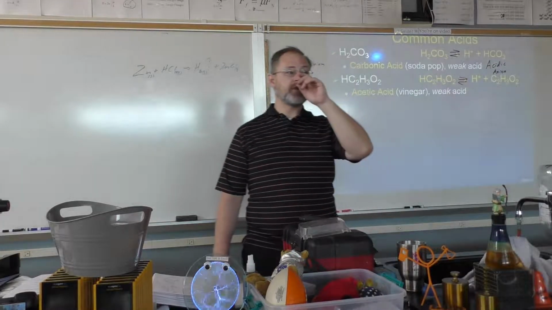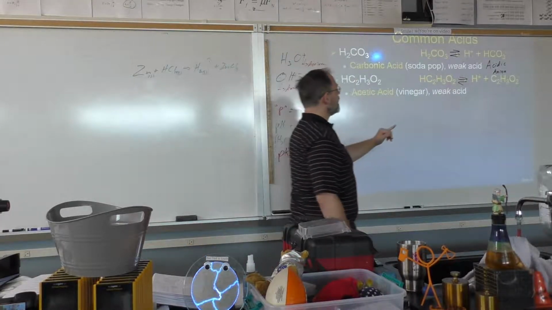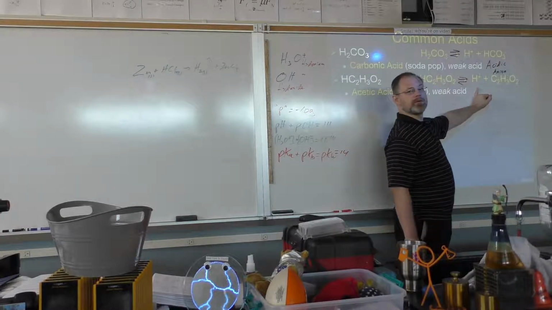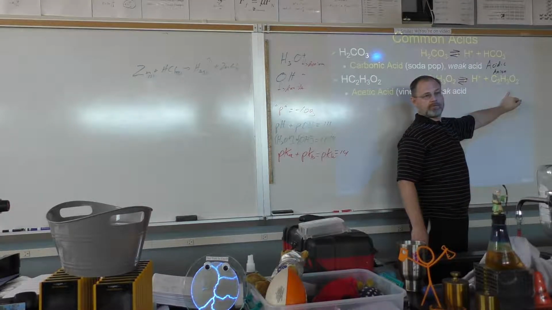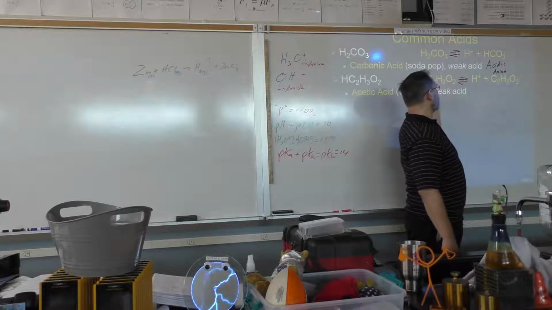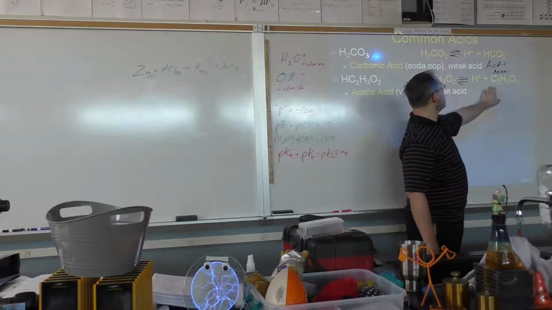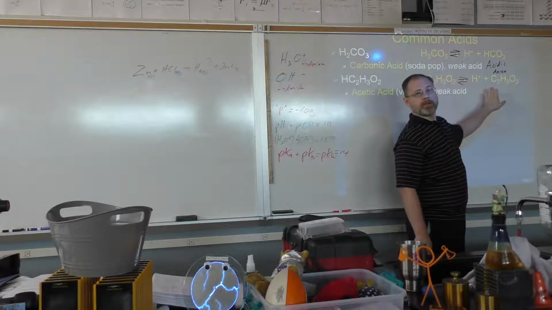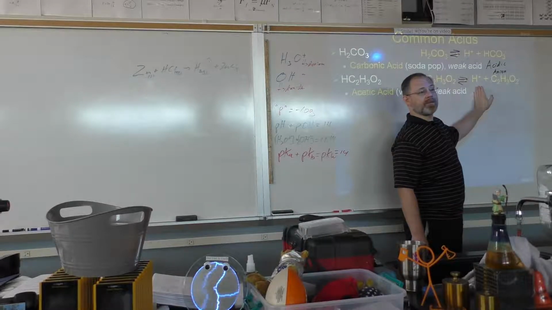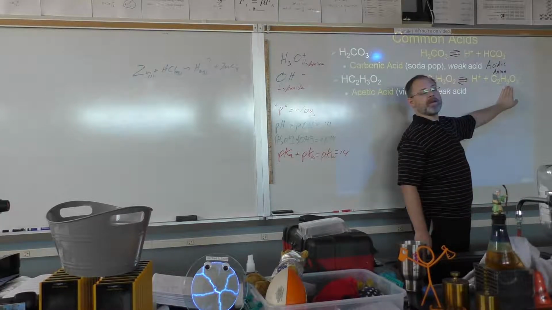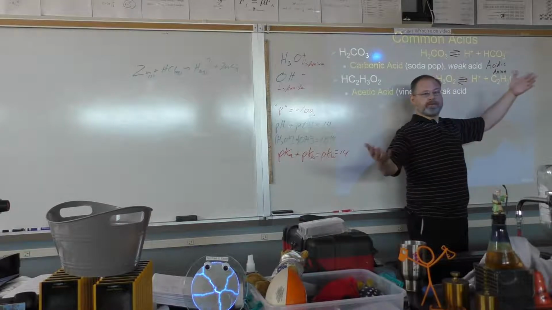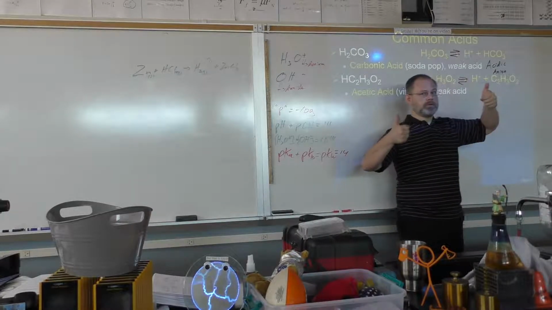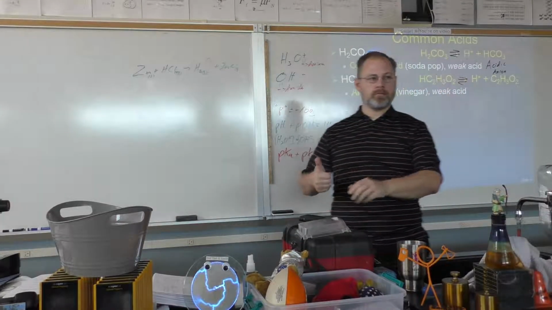Now, stoichiometry does play a role in that if you have 1 million of these, you have 1 million of these. So regardless of what's on this side of the equilibrium, this is stoichiometrically relevant. For this, there's the same number of H pluses as there are anions. Make sense? Cool. Should we move on?